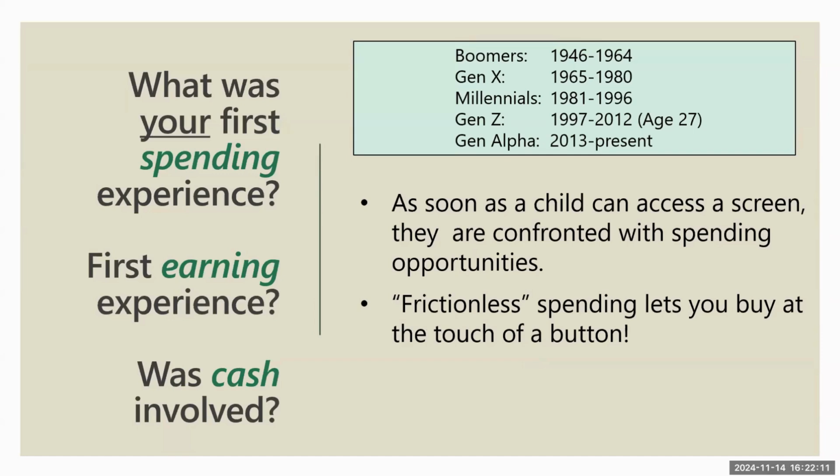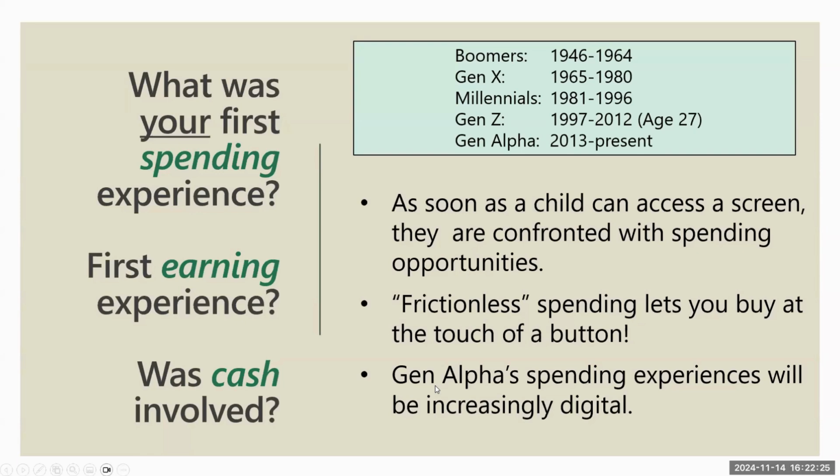So that tap to pay is what allows us convenience, absolutely, but it also encourages more spending. So kids are growing up in that environment. So while I spent quarters, I like to use the story that my cousin's kid might have pressed a button and bought game tokens, and that was his first spending experience.